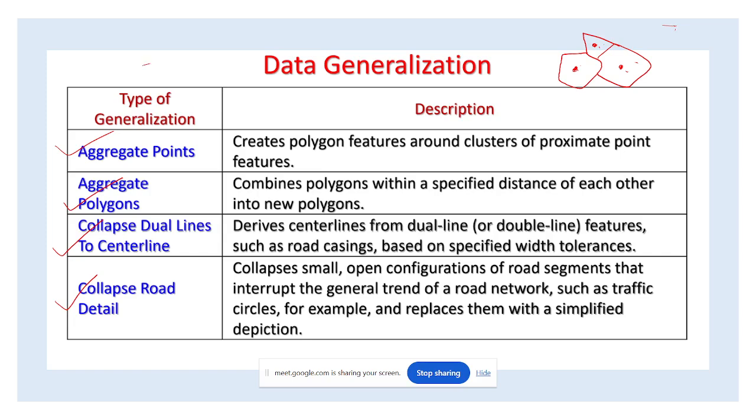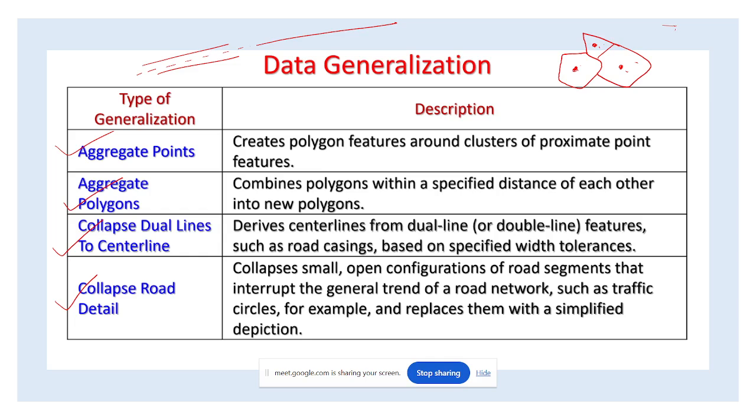So it's like you have two lines. Either you can merge them and consider it as a single line, or you can, through the center, consider another line which is representative of these two, like some equidistant line or something like that. So this is basically a generalization. It's not like these two lines are absent, but we are more or less generalizing it.